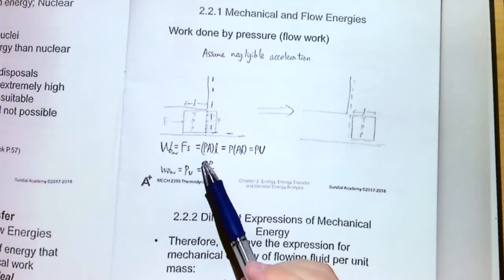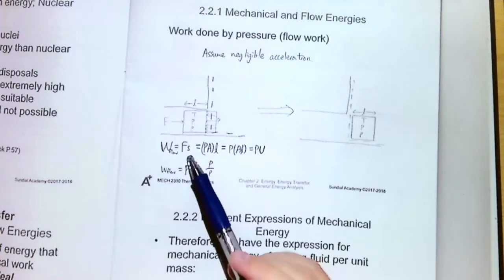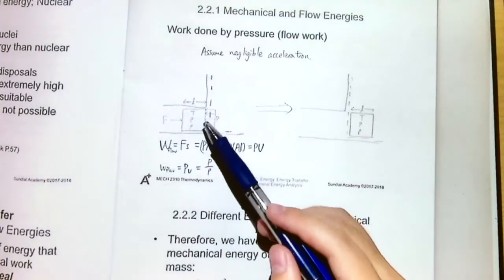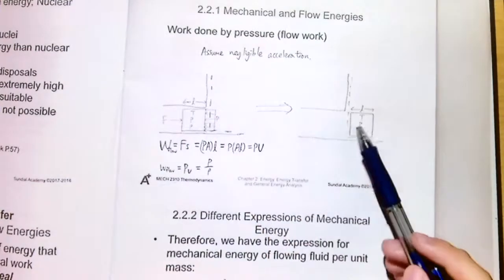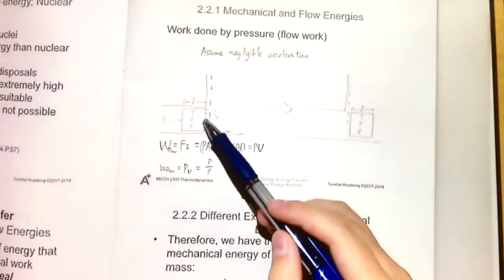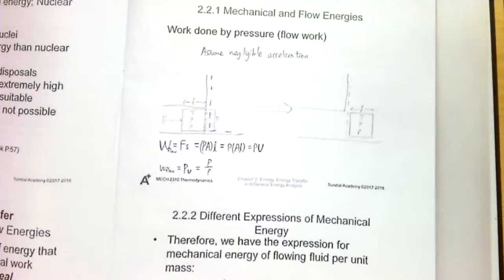That's the definition. And this F, by using force balance, we will get as P times A. And this S, because we are talking about just pushing this fluid element from here to here, and this gap is just exaggerated for easier visualization.